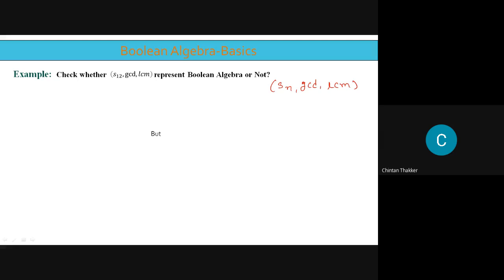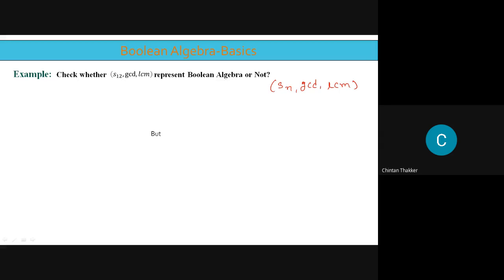Then here 1 and 12 are the GLB and LUB of S12. So it is bounded also. Now we just have to check whether it is complemented or not.